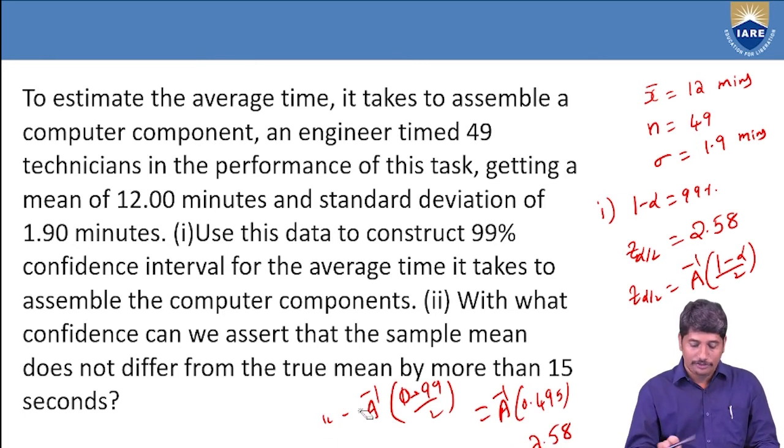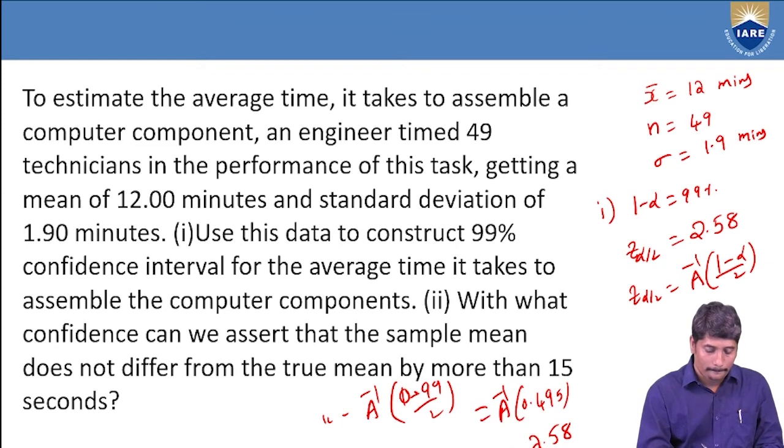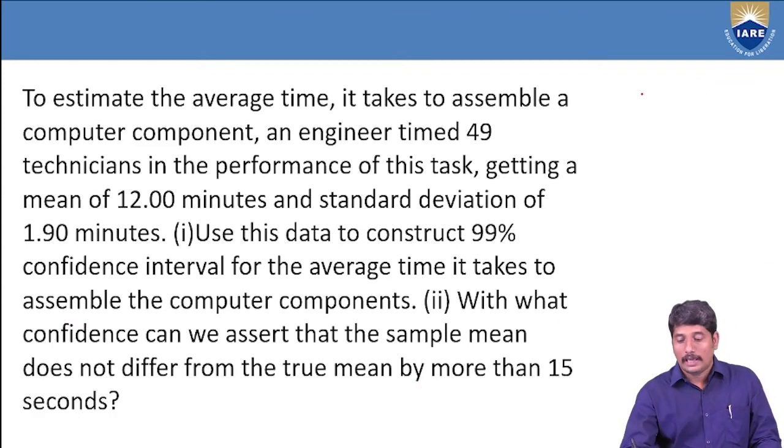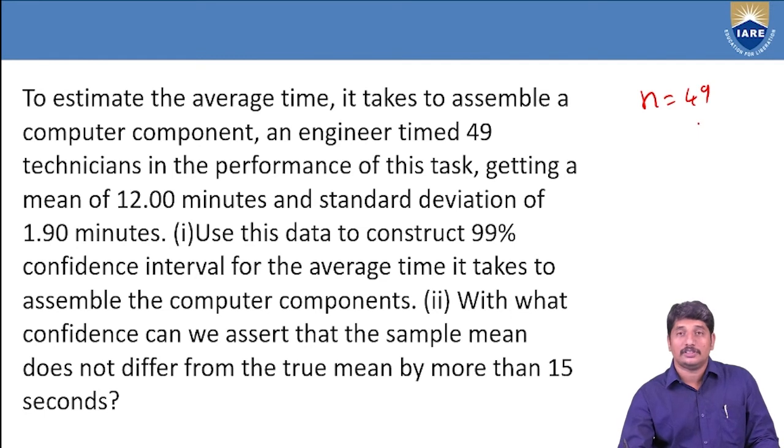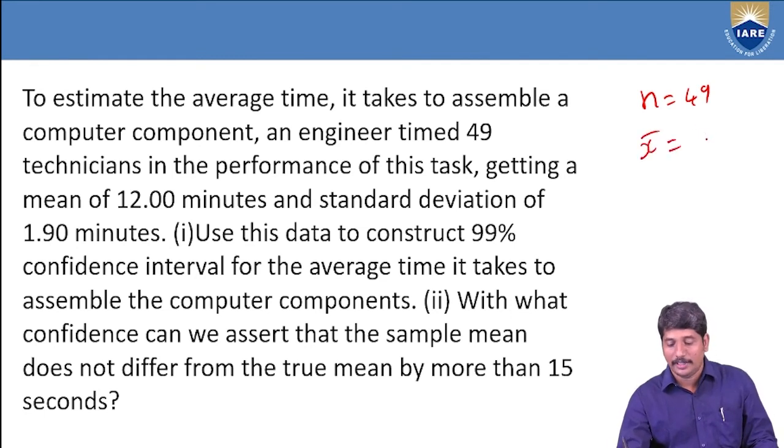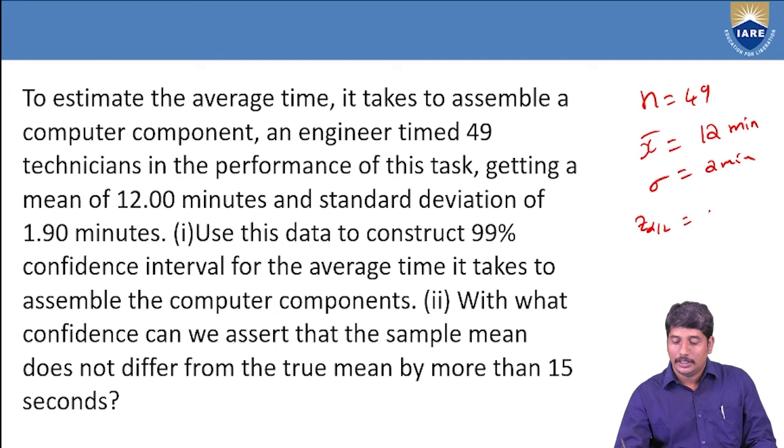So, as 49 workers are tested and the average time taken by them is 12 minutes to assemble the computer with a standard deviation of 2 minutes, we found that Z alpha by 2 is 2.58. Now we are ready to find the maximum possible error between x bar and mu, that is E equals Z alpha by 2 sigma by root n.